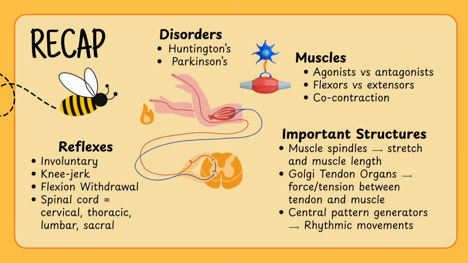Important structures that we talked about include muscle spindles, which detect stretch and muscle length, Golgi tendon organs, which detect force and tension, and central pattern generators for rhythmic, almost involuntary movements. And we have 2 main parts of the brain that deal with movement, like the basal ganglia and the cerebellum.